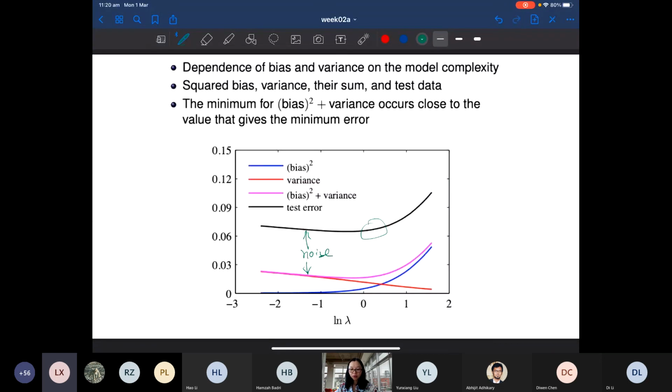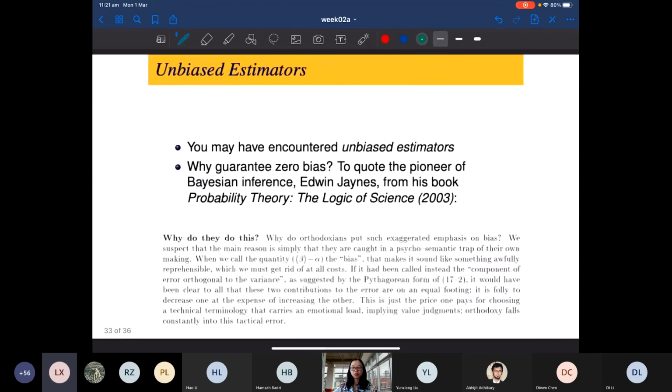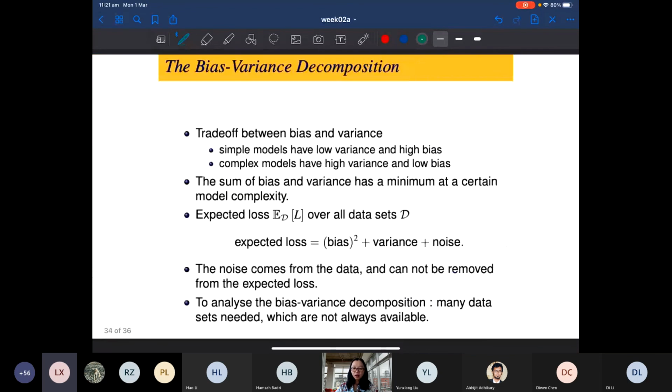In this case, as we see, if we drive bias to 0, variance will go up, right? There is a deeper connection between regularization and model complexity that we're not going to be able to cover in this class. So that's that.